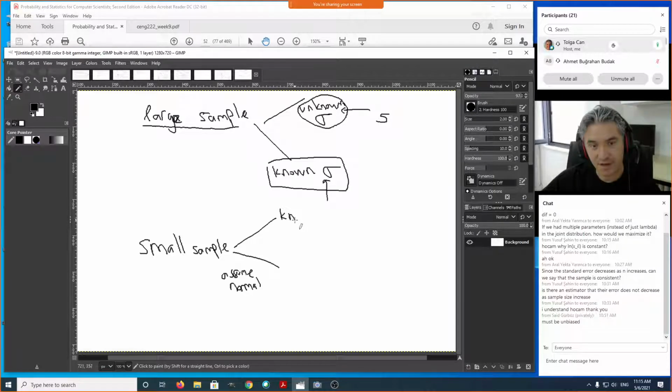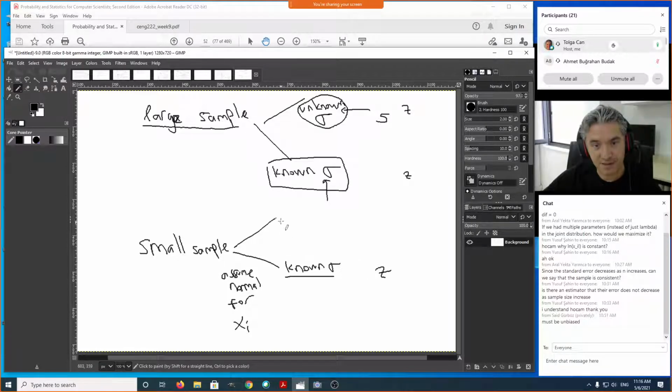And when we have known sigma, let me also write this one at the bottom to be consistent, we assume normal for the xi's. If we know that individual data points are normally distributed, even if we have a small sample with known sigma, we will be able to compute these things. We will be able to compute the normal distribution, and we will still be using the z table, the standard normal table, for that.